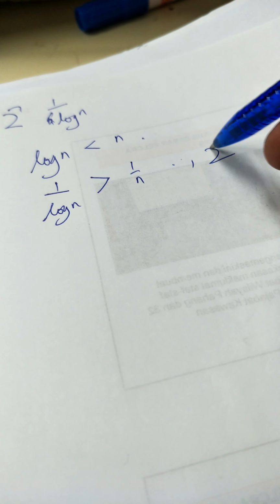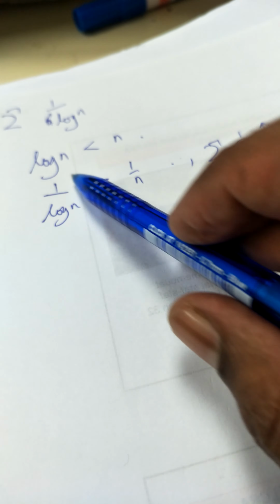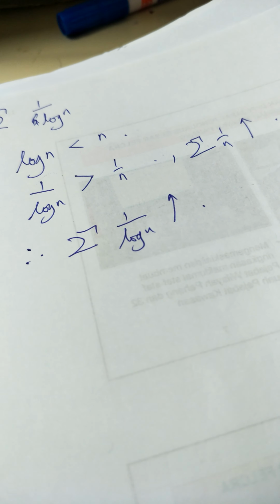So we invert this: 1 over log n is greater than 1 over n. And this series, 1 over n, diverges. The smaller series diverges, so the bigger series also diverges. So therefore 1 over log n also diverges.